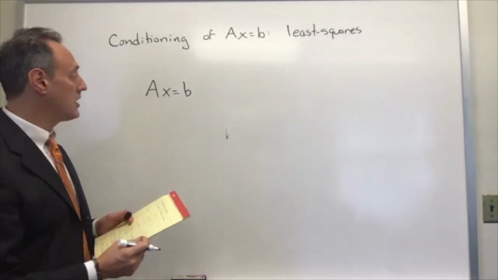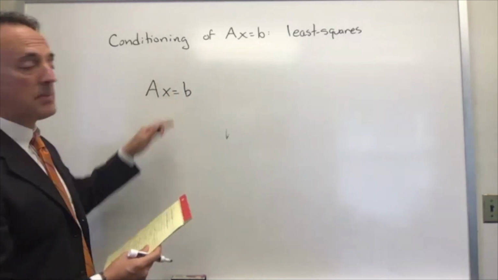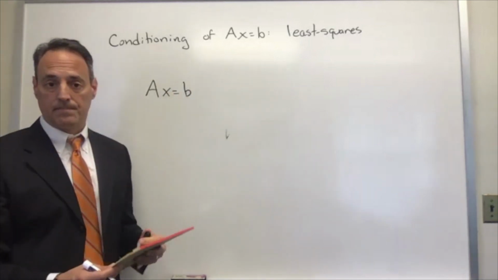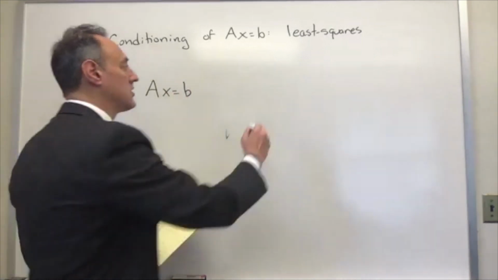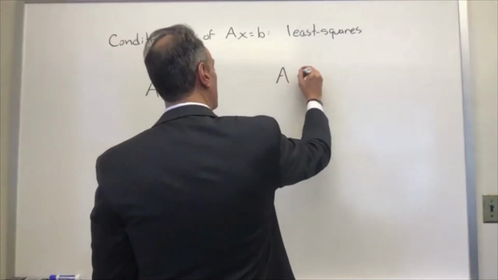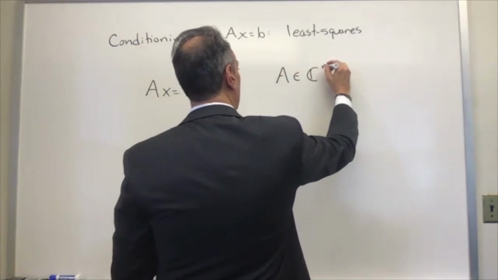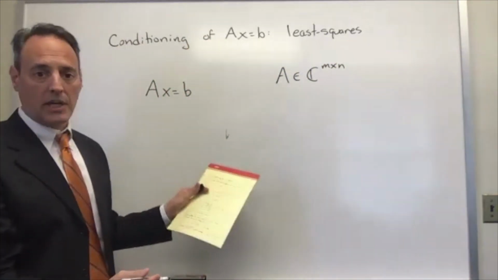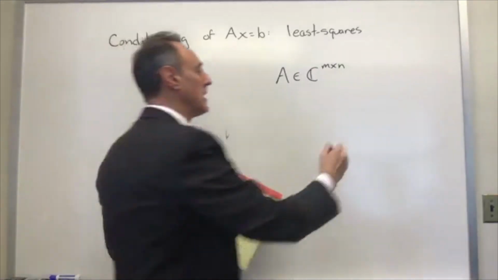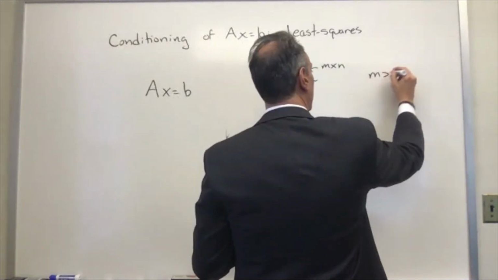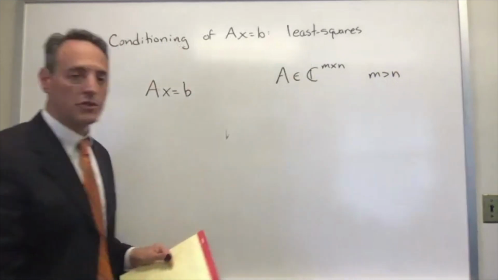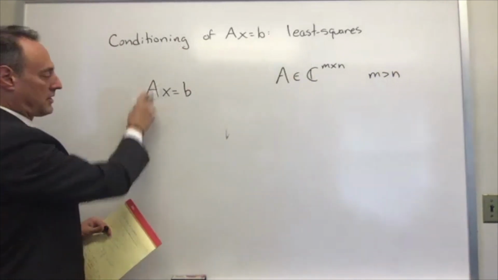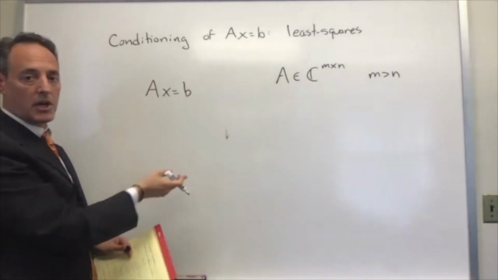And in this case here, we're going to consider this to be an overdetermined system. So let's consider A, which is some matrix, which is m by n. And in particular, I want this to be such that m is bigger than n. So it's going to be a matrix that's rectangular. There's going to be more rows than columns.